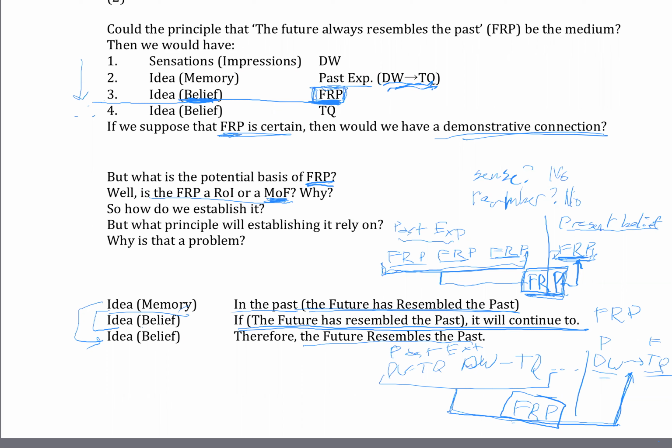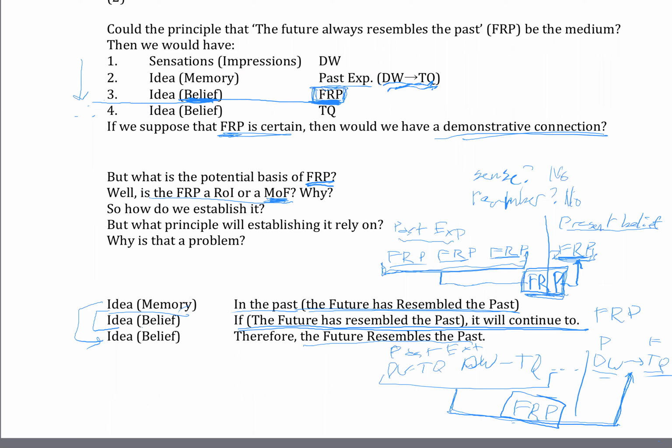And so the connection between past experience of the future resembling the past in the past, and the conclusion that right now the future resembles the past is itself based on the principle that the future resembles the past, and that begs the question. That presupposes that the future resembles the past in the explanation of why the future resembles the past.